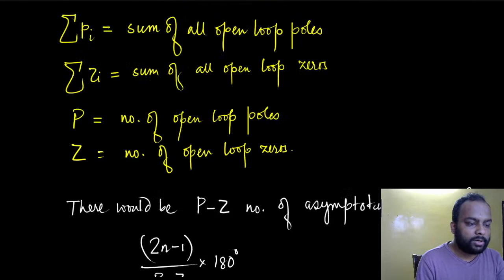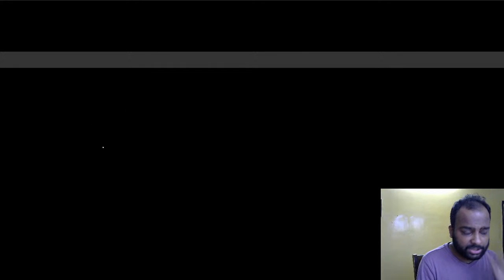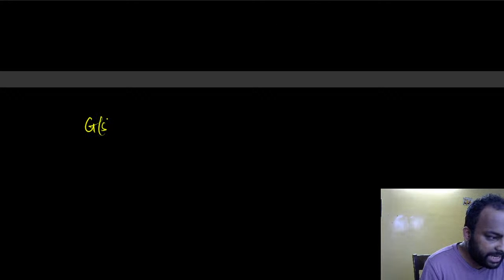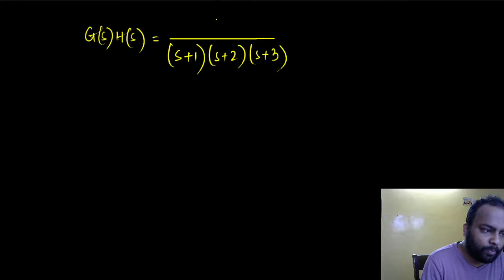So look at the transfer function. What was the open loop transfer function? Our open loop transfer function here was G(s)H(s). Again, H(s) is 1, so don't worry about that. So it was 1 divided by (s plus 1)(s plus 2)(s plus 3). And it had 0 open loop zeros, right?